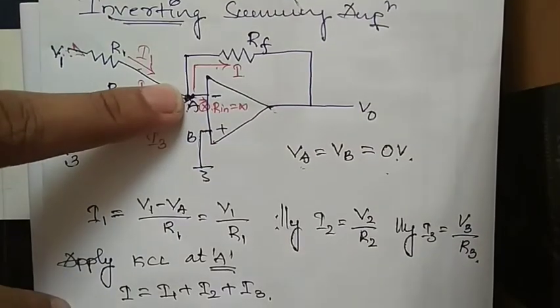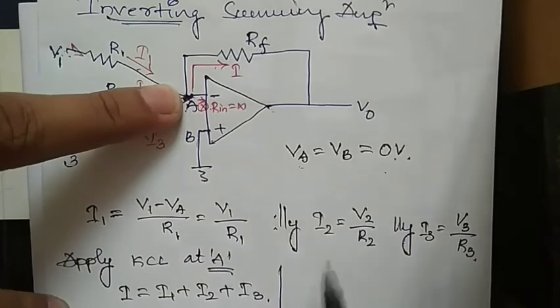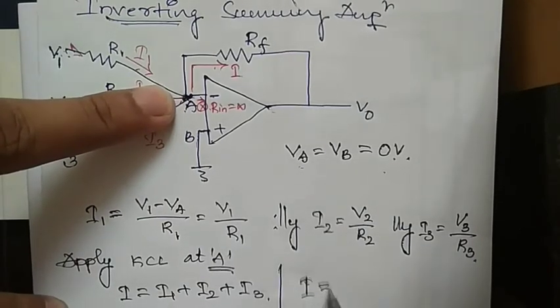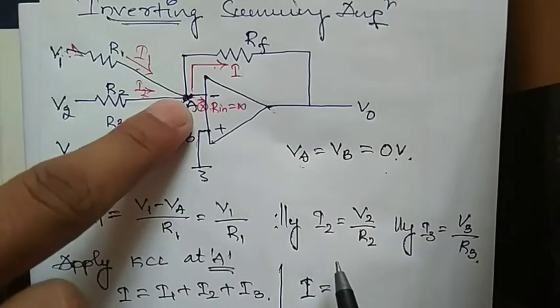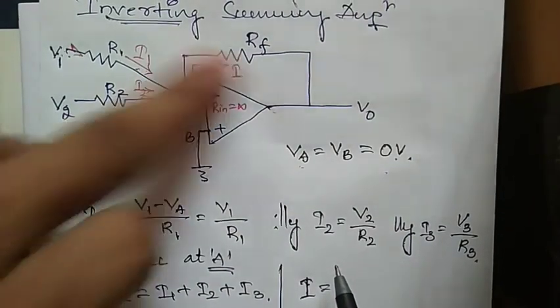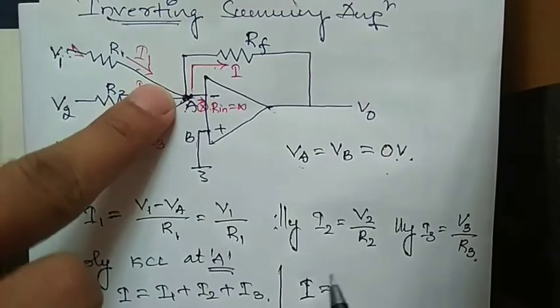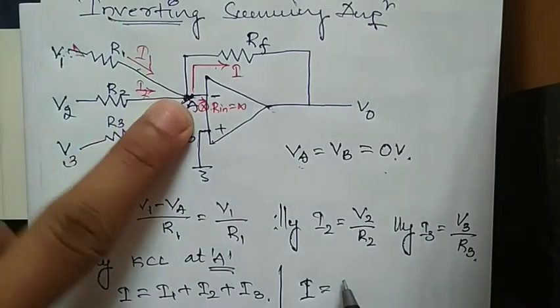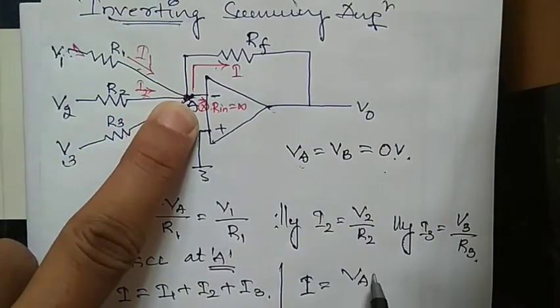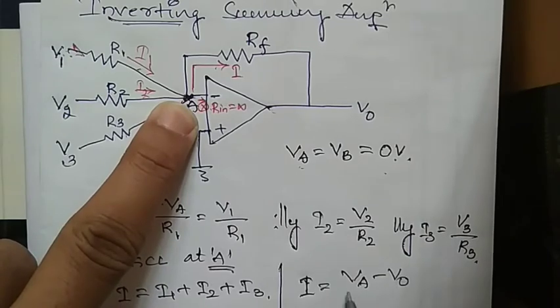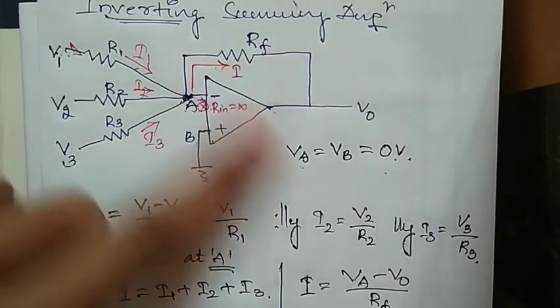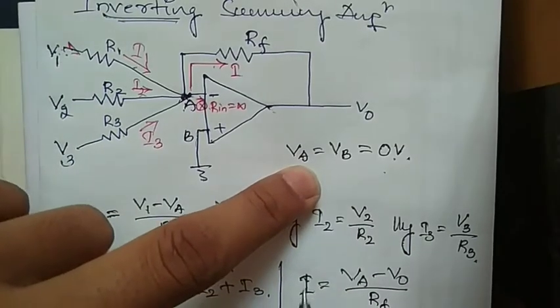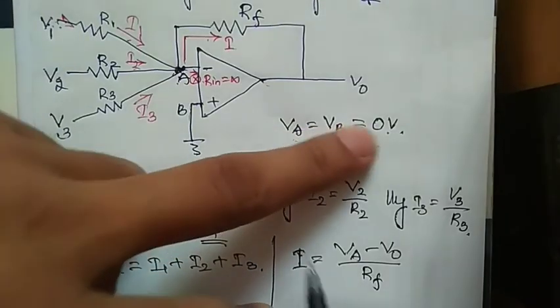So what is that I equation? I equals, by Ohm's law, V by R. The current is moving from node A to the output node. So by the direction of the current we define VA minus V0 divided by R, that is RF, right? As usual, I already know that VA equals VB equals 0.